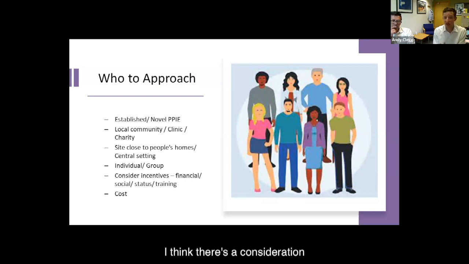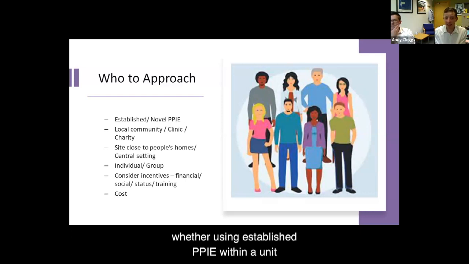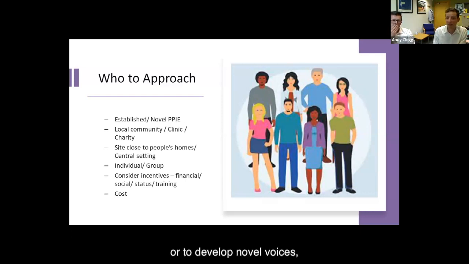I think there's a consideration whether to use established PPIE within a unit or to develop novel voices, to help harness and bring in people who are not necessarily established PPI experts. But there are advantages and disadvantages to both people who are new to PPIE and people who have some experience in it.